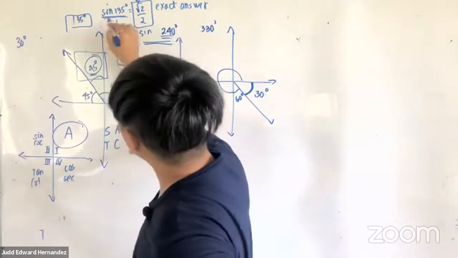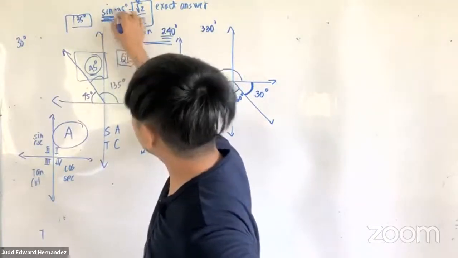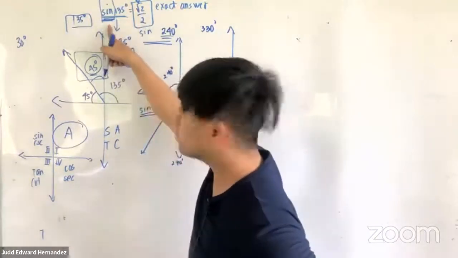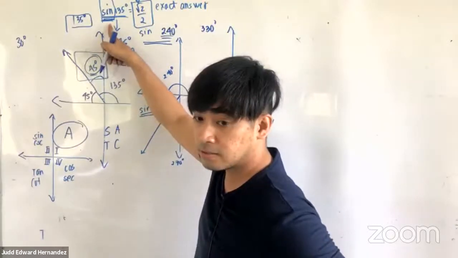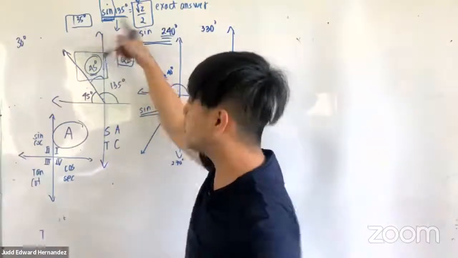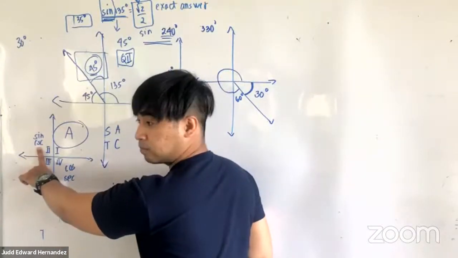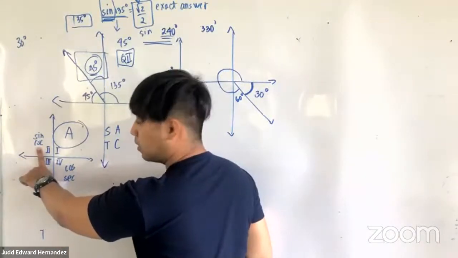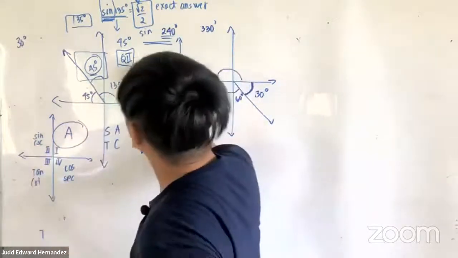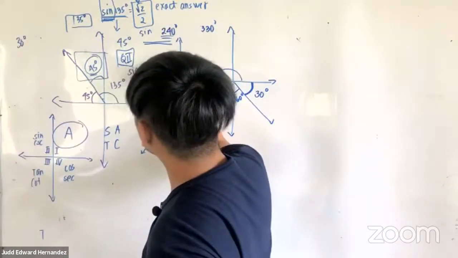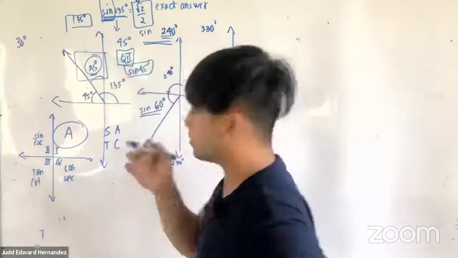Ano po yung kinuha natin dito na function? Sine. Si sine po ba positive sa second quadrant? Yes or no? Yes. Okay, yes. So, pakikuha po. Sine 45 degrees. What is sine 45 degrees?